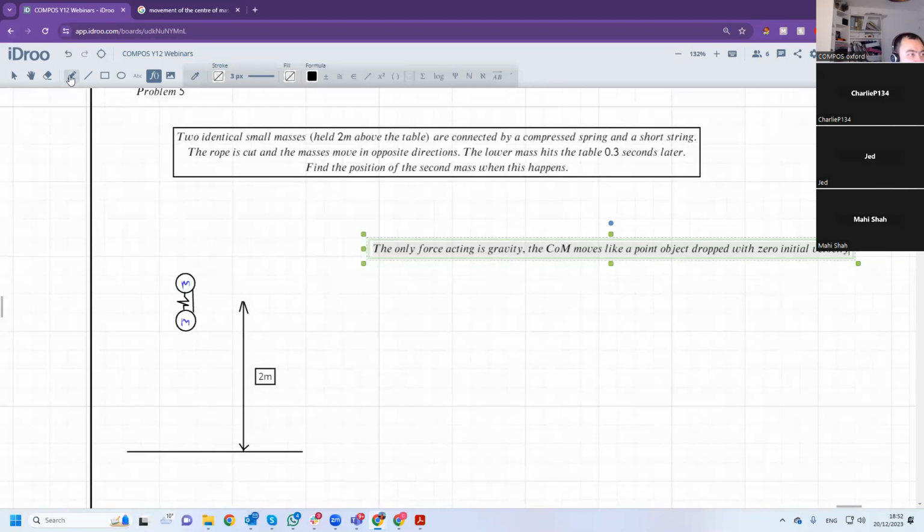So yeah, the first mass moves down here, and then the second mass moves up, so it moves somewhere here.